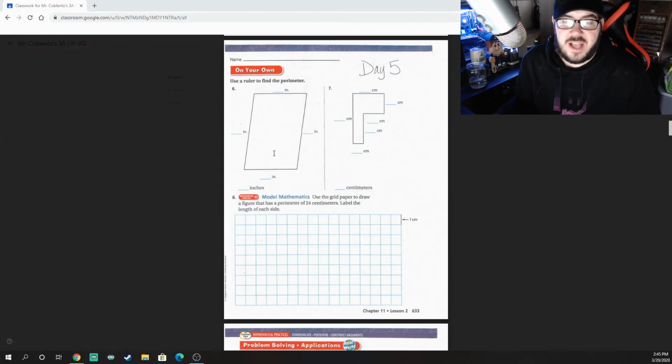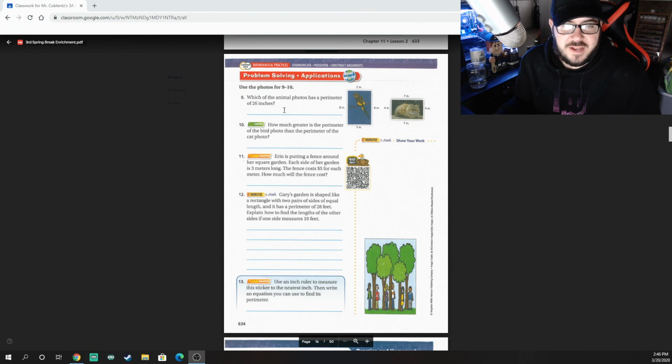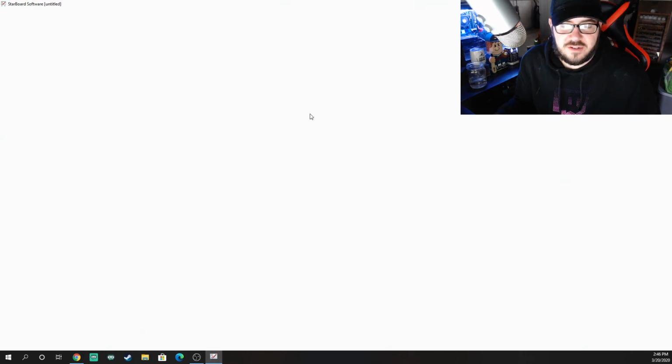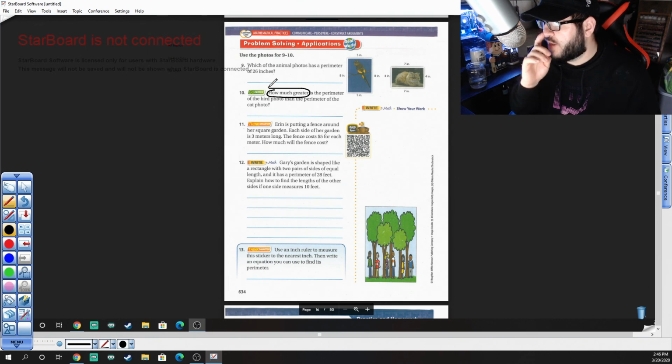The last page, definitely can do problem 9. I would definitely suggest letting your scholar do problem 9. Problem 10, it should be easy too. How much greater? So when we hear the words how much, we should automatically think subtraction. How much greater?